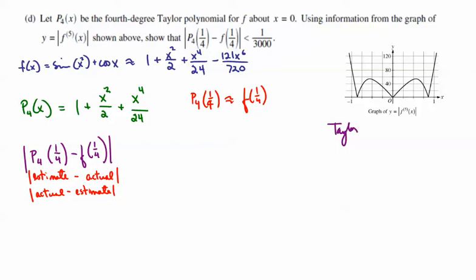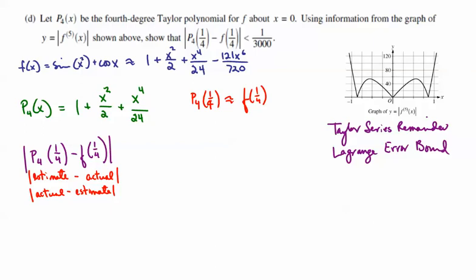The Taylor series remainder theorem is sometimes also called the Lagrange error bound, and you will see both of those used on the AP test.